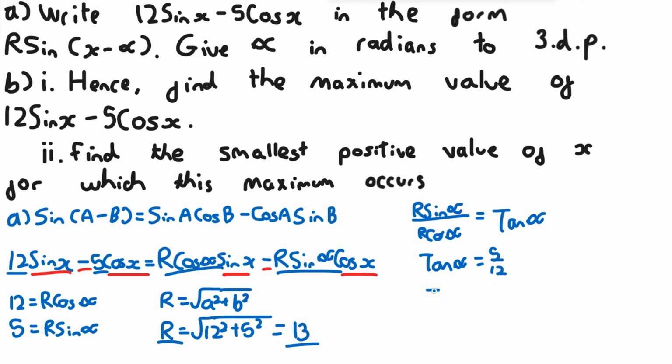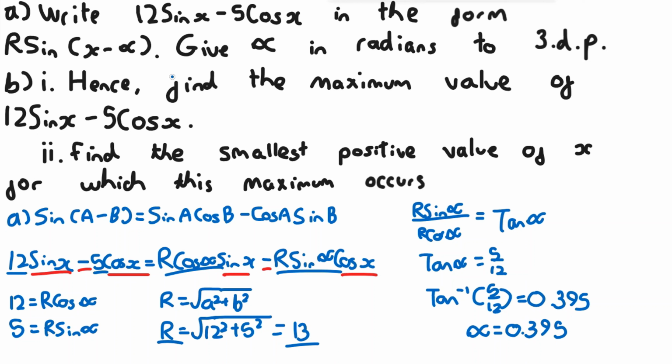So therefore the inverse tan of 5 over 12 is equal to, if you put it into a calculator, it wants it in radians to 3 decimal places, so make sure your calculator's in radians mode, 0.395. So therefore alpha is equal to 0.395.